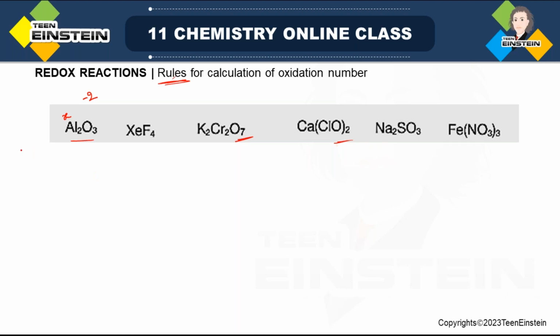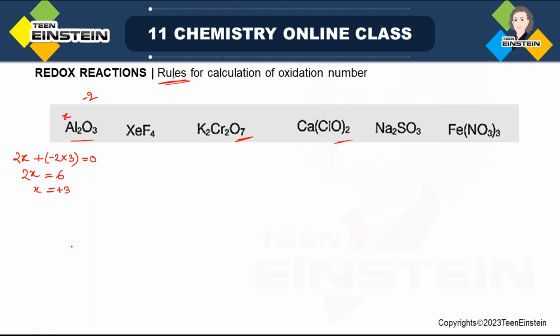So here 2 aluminium atoms, that is why it will be 2x plus -2 multiplied by 3, because for 3 oxygen atoms the total will be -2 into 3, which is -6. Overall the molecule is neutral, so it will be 0. Now 2x equals 6, so the value of x is +3.